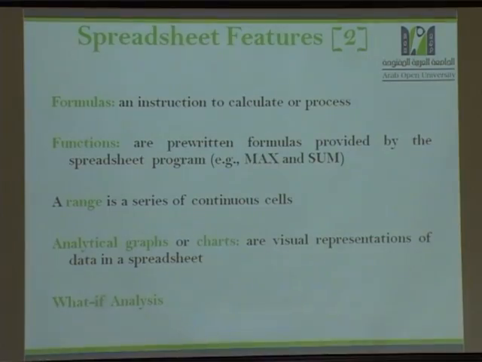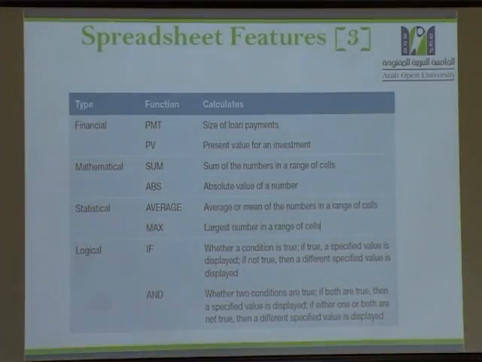Analytical graphs, or charts, are a visual representation of data on spreadsheets. We also practiced if-else analysis in the lab. Some other spreadsheet functions or features are financial, mathematical, statistical, and logical functions.